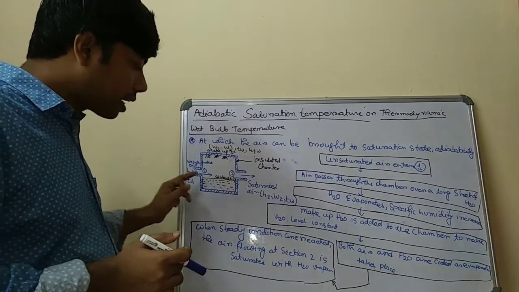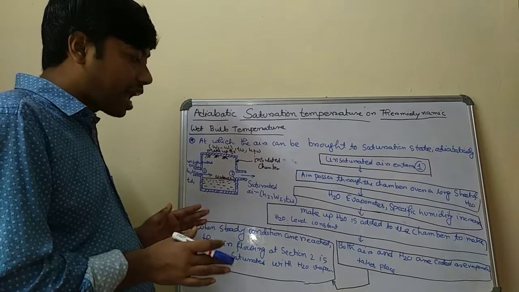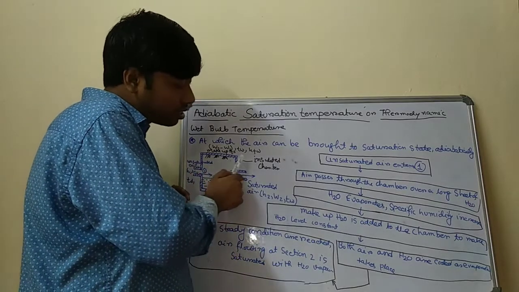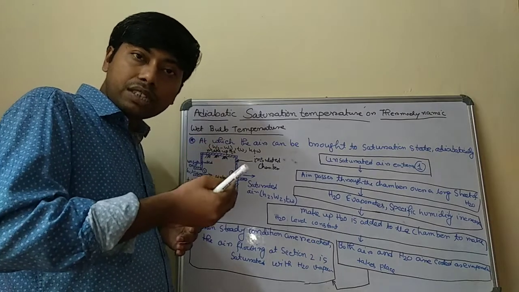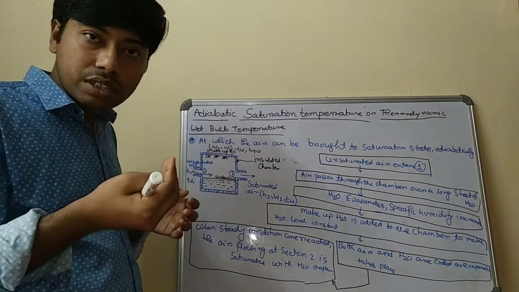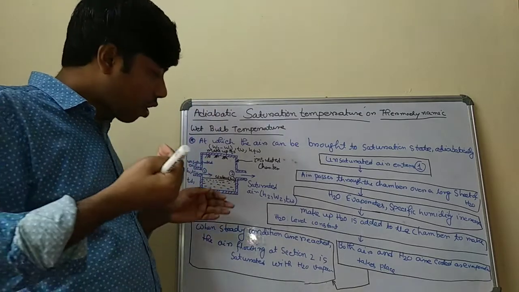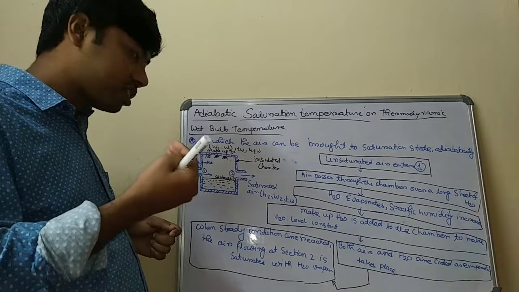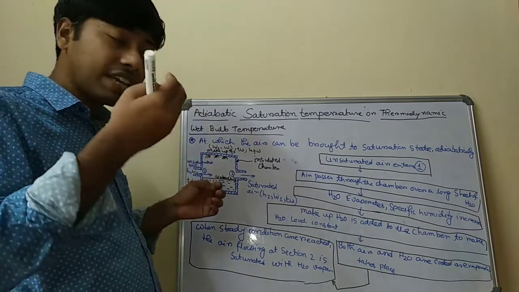So when the steady state condition is reached, the air flowing at section 2, when it exits from the insulated chamber section, has increased specific humidity. As the specific humidity increases, obviously the air reaches steady conditions, and at that section the air is saturated air.